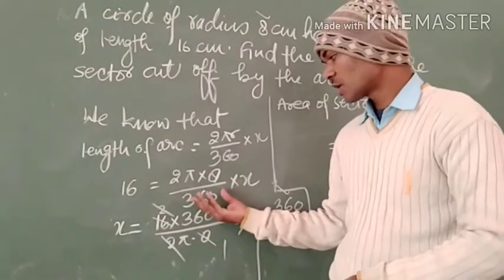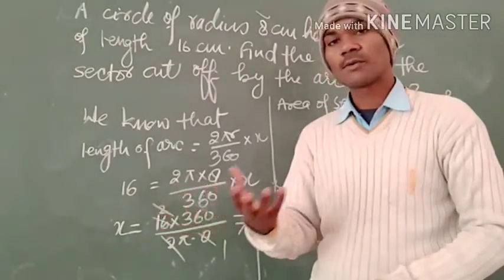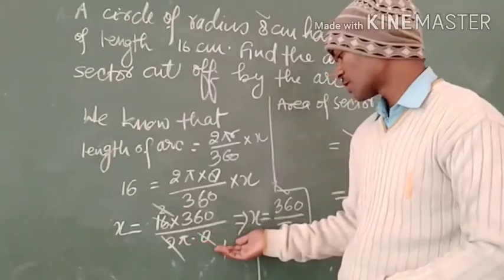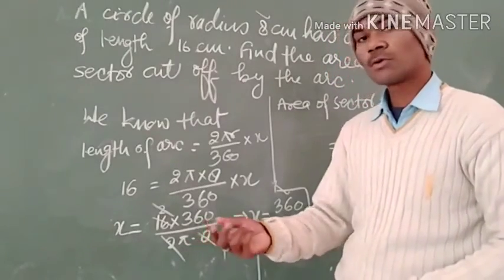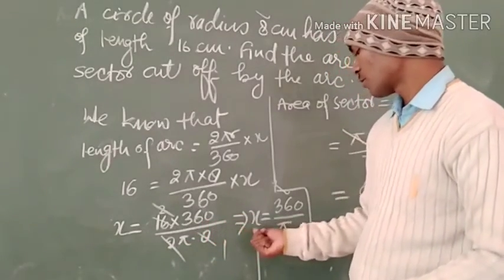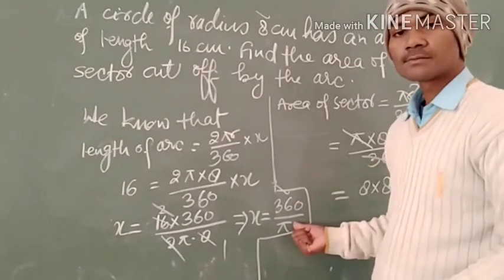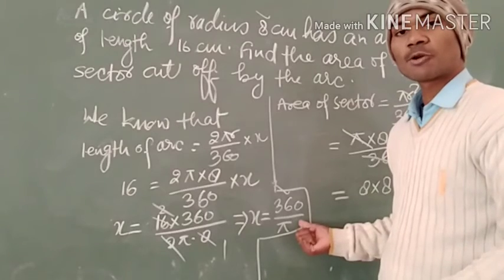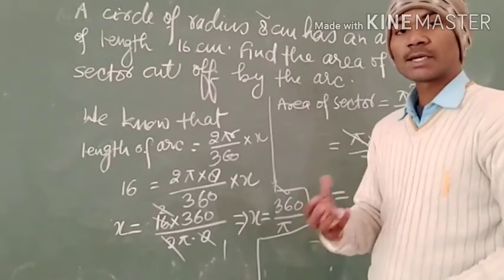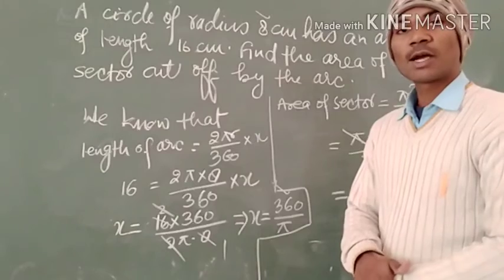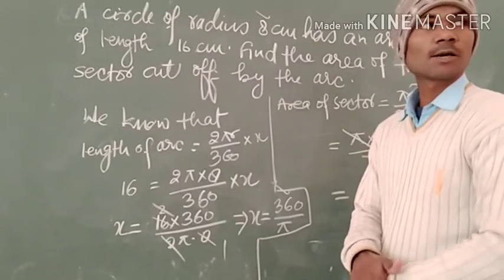Now transfer this quantity to the left hand side in order to get the value of x. We have transferred, and after a little simplification we get the value of x as 360 upon pi. 360 upon pi is the sector angle which is required in order to find the area of the sector.